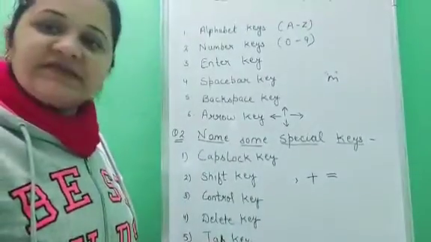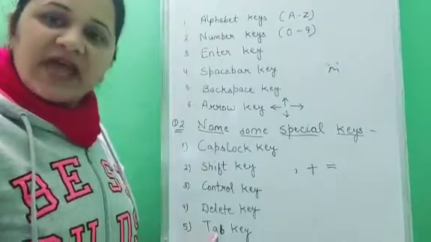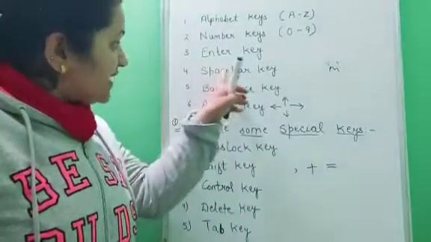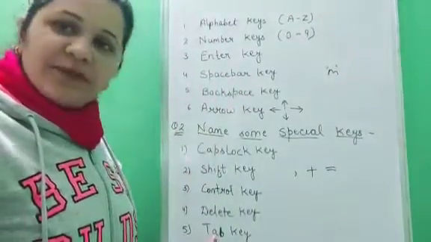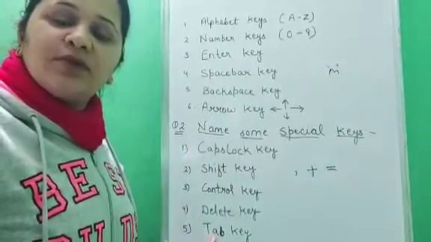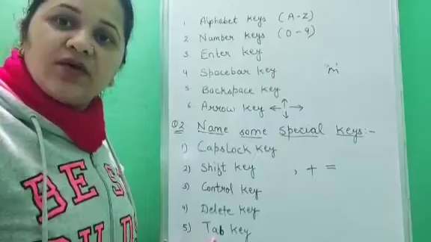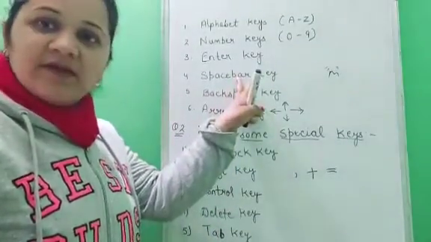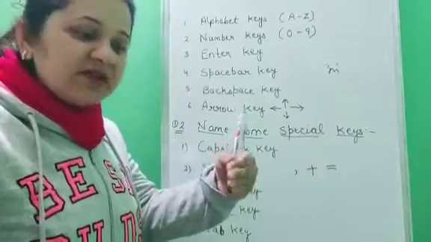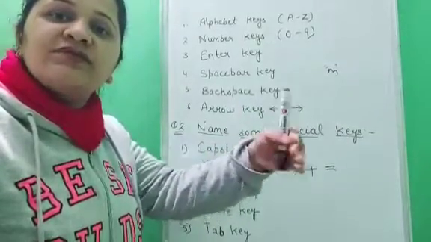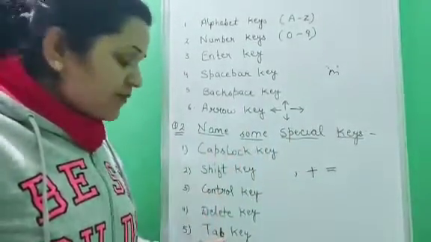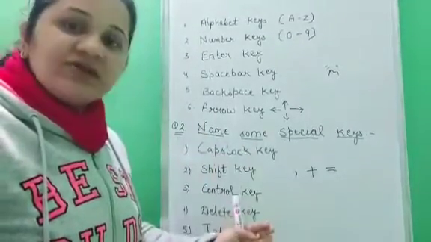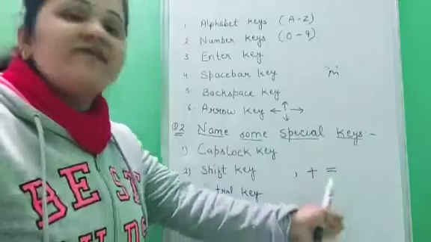Children, next is the tab key. T-A-B, tab, K-E-Y, key. Now the spacebar key and the tab key both have the same function, means they are used to give space between words. But what is the difference? When we press the spacebar key, the cursor covers less distance and moves towards the right side. But if we press the tab key, in one go the cursor will jump 0.5 inch.